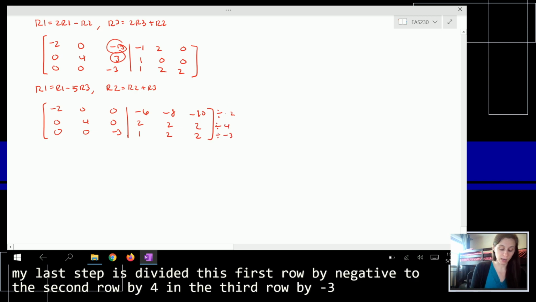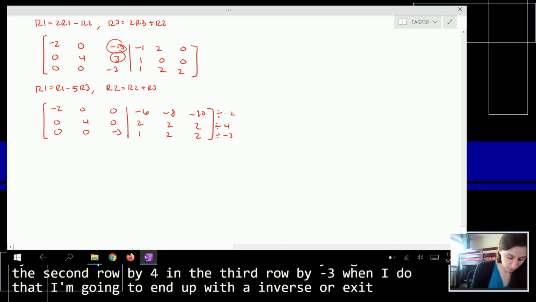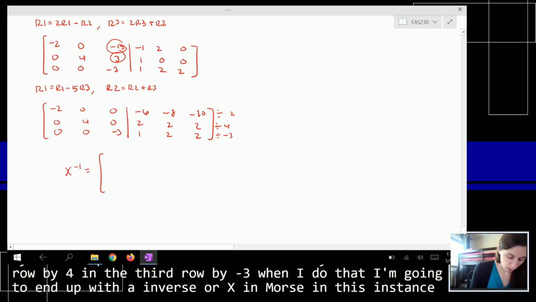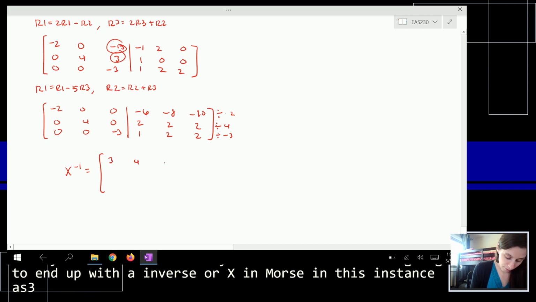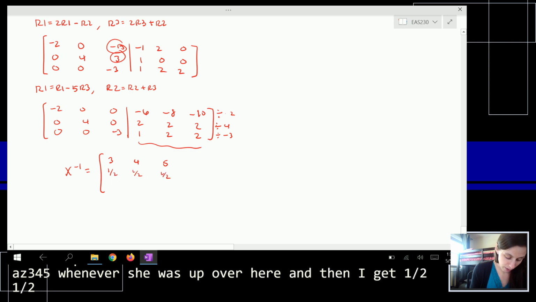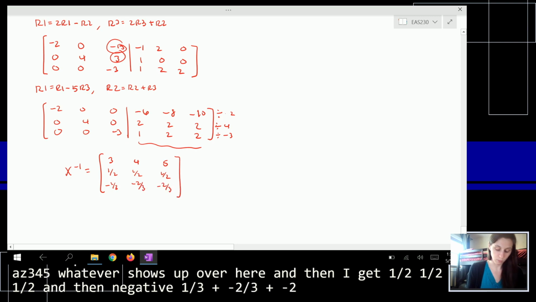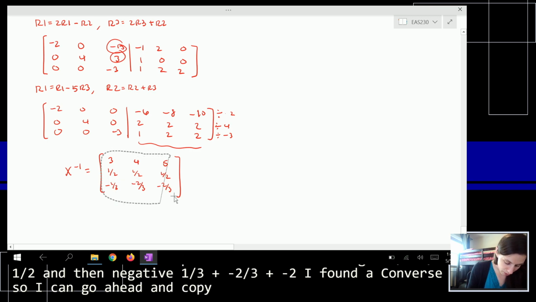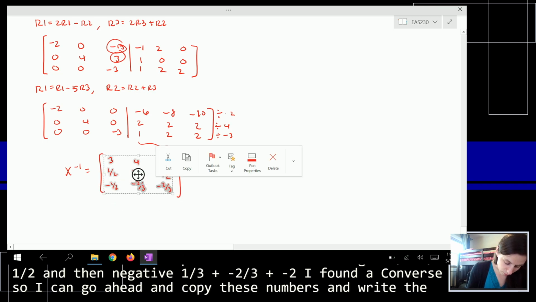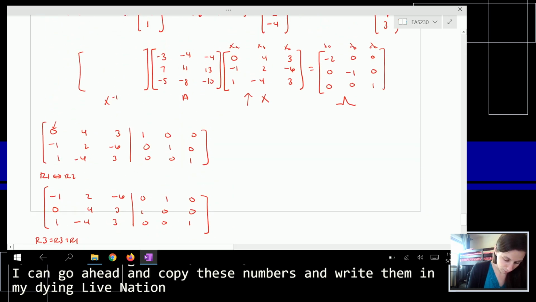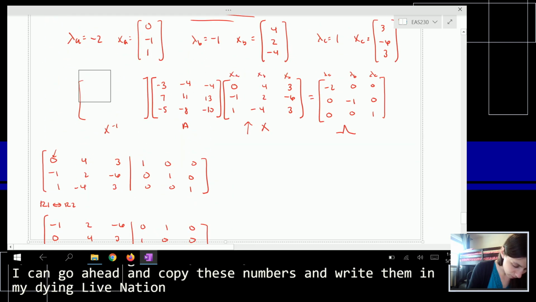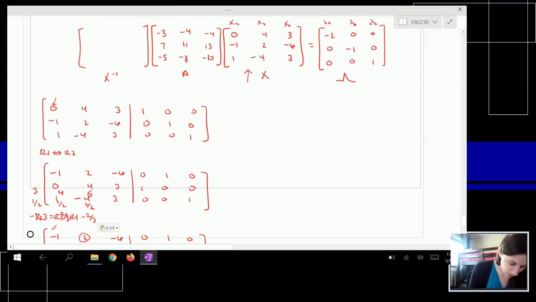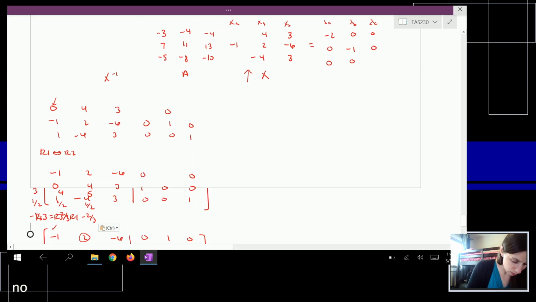When I do that, I'm going to end up with X inverse in this instance as 3, 4, 5, whatever shows up over here. And then I get 1/2, 1/2, 1/2, and then negative 1/3, negative 2/3, and negative 2/3. There we go. I found X inverse. So I can go ahead and copy these numbers and write them in my diagonalization.